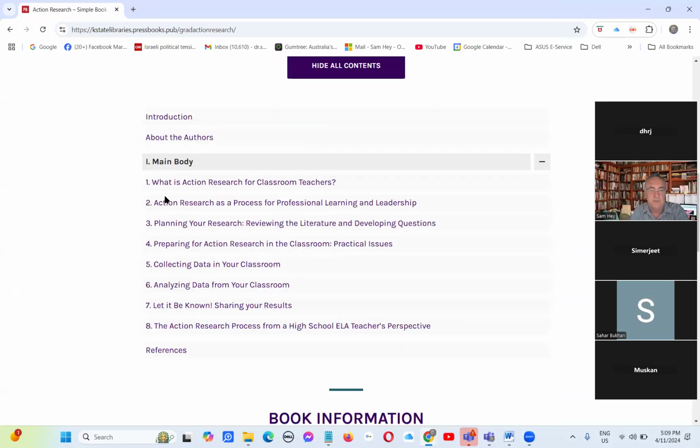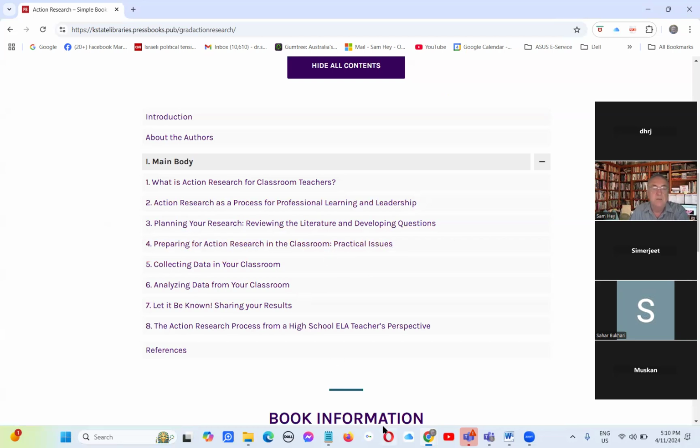And here are the chapters that you can look at that discuss the nature of action research, collecting the data and analysing the data, which we're focusing on this week, and then sharing your results, which we'll be focusing on next week and the week following. And then the other sections we've looked at in previous weeks ask the question, what is action research? How do you plan an action research project? How do you collect information from the literature review? And how do you prepare to carry it out?